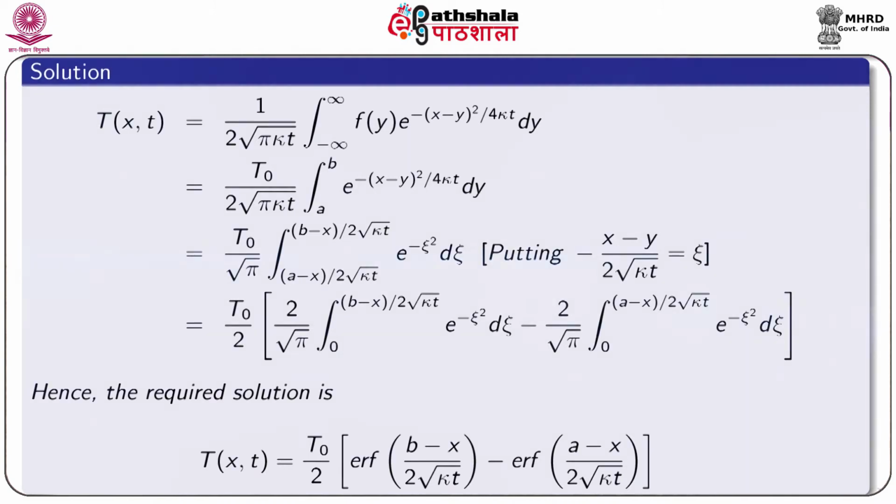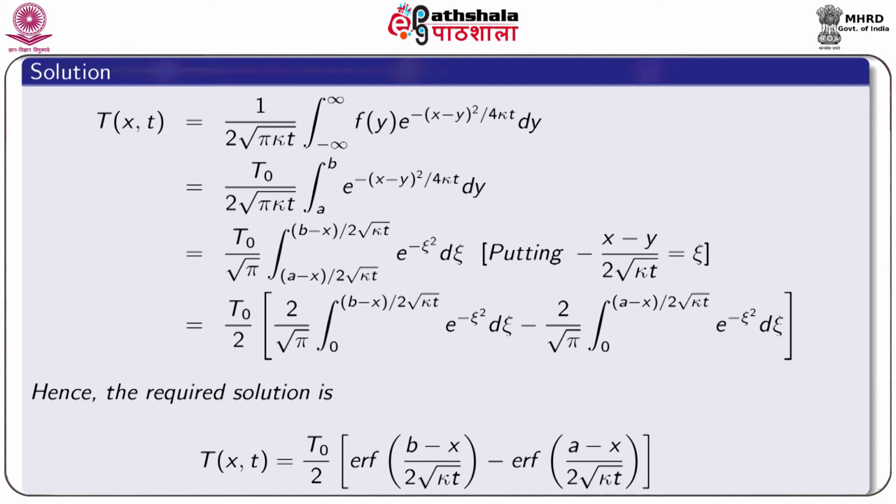Now, if we look at the general solution or the fundamental solution, the expression for capital T can be written in this way. The range of y is minus infinity to plus infinity, but for this problem the temperature is 0 outside.